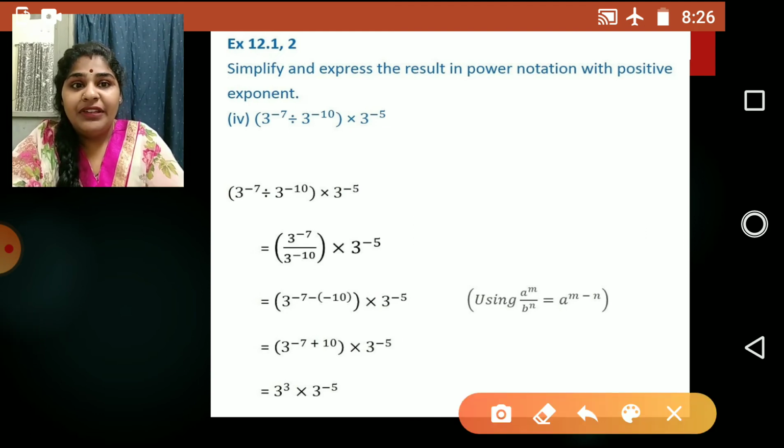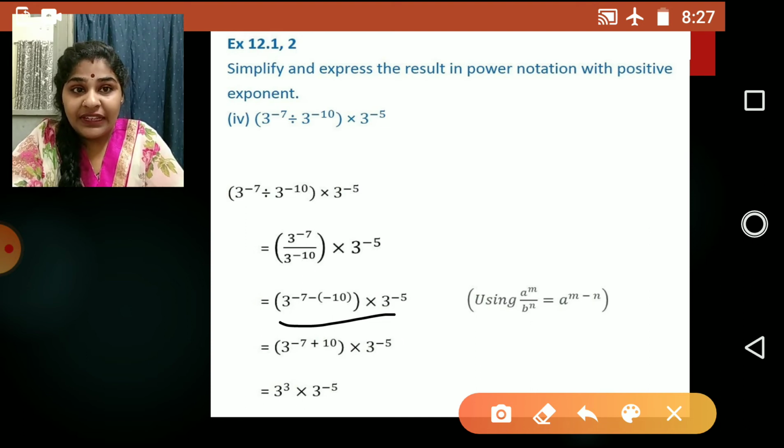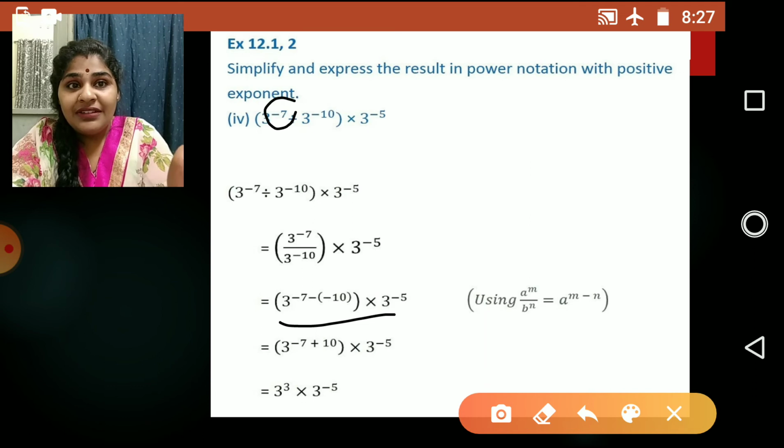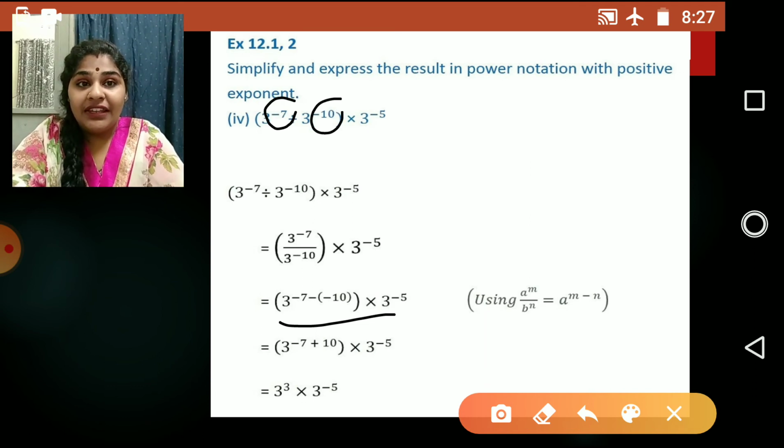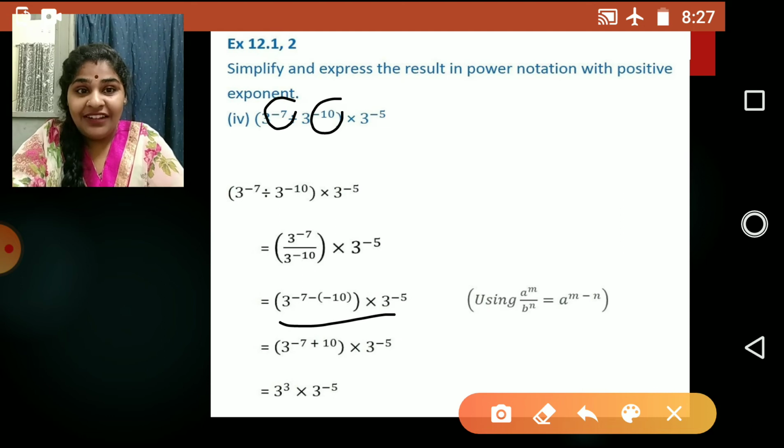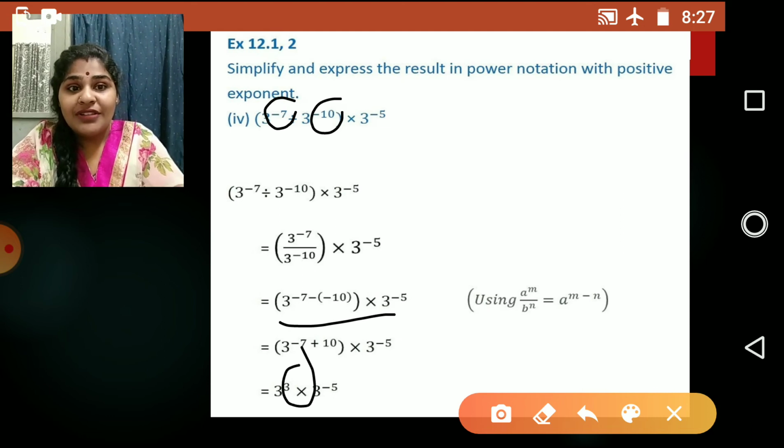So that will be 3 raised to negative 7 minus, in bracket, negative 10. So the values will be the same, but we are subtracting them, that is negative 7 and negative 10. When we subtract, we will get positive 3.